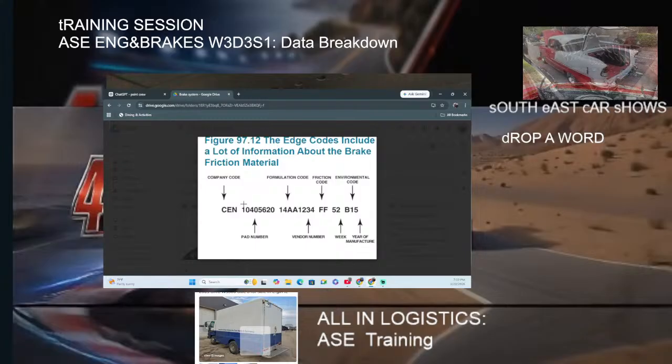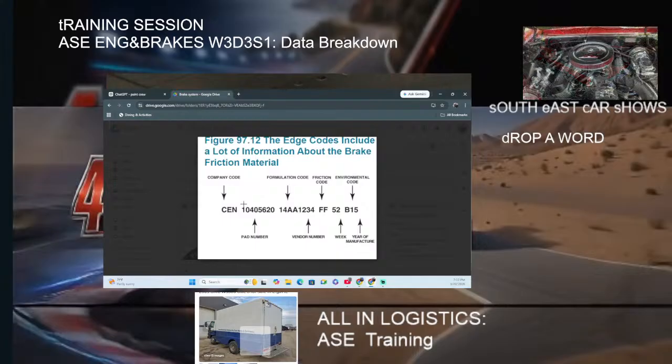Then you have the vendor number behind. From there, you have a friction code. I believe it's 2 letters normally.